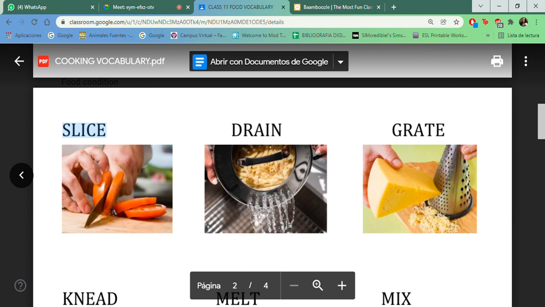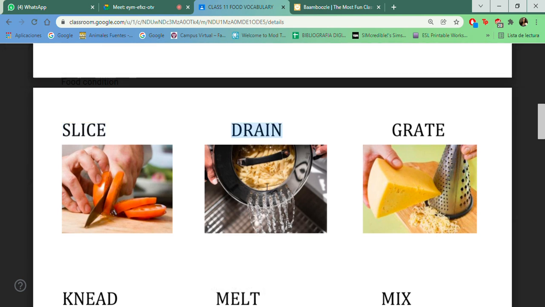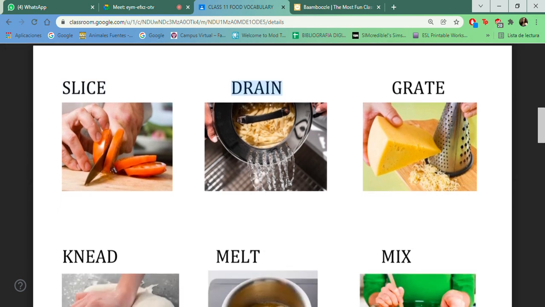This is to drain, for example, pasta, okay? And the object is called strainer, okay? To grate, for example, cheese, you can grate maybe lemon, I don't know. And the object is called grater, okay?